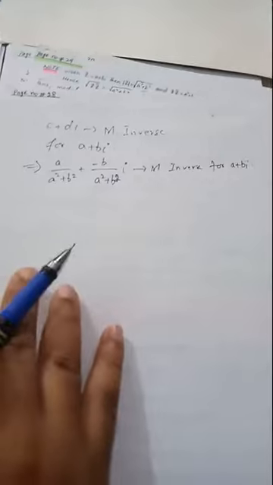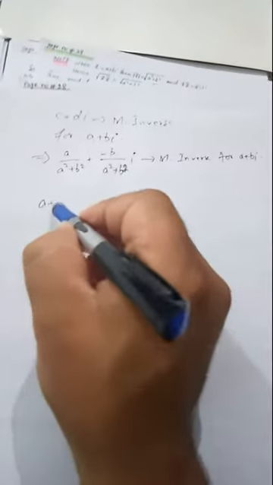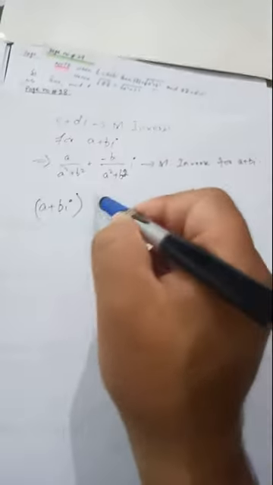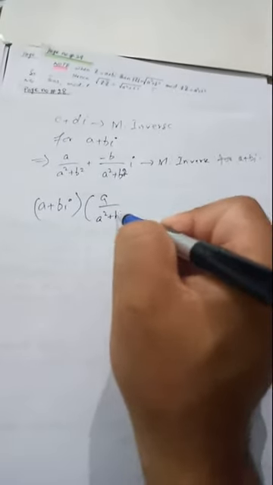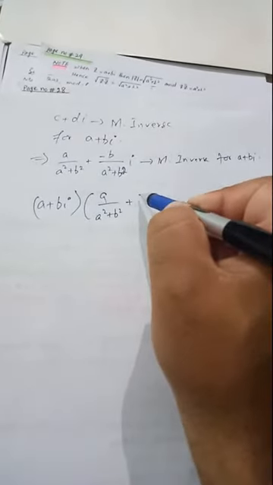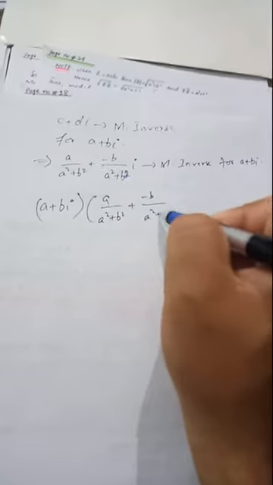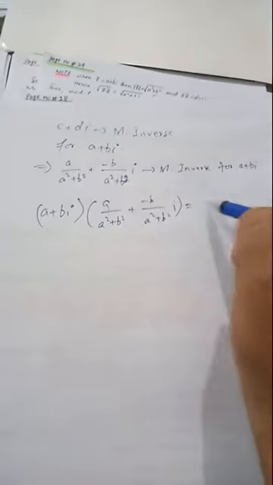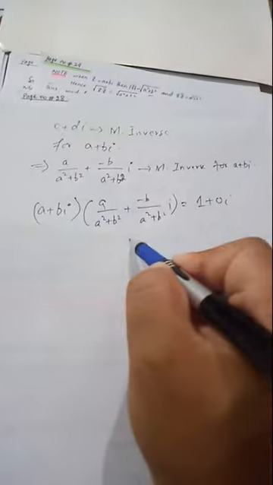Whenever you multiply a plus b iota with a divided by a square plus b square plus minus b divided by a square plus b square iota, you will get the multiplicative identity, whether you multiply from the left or from the right.